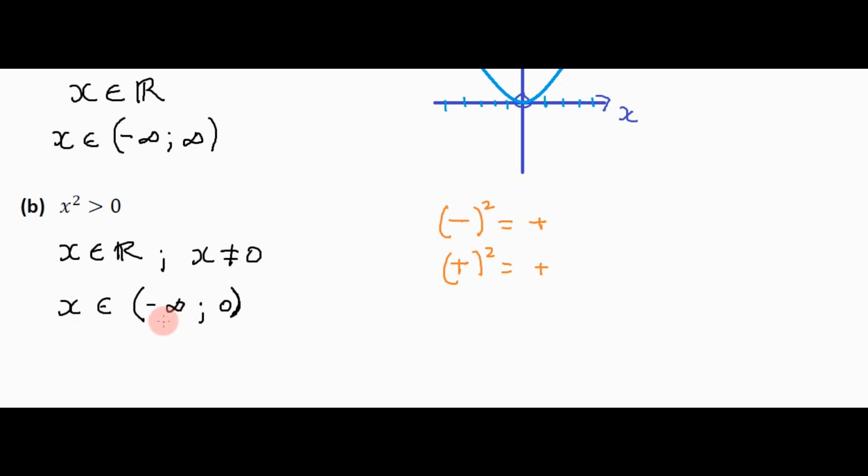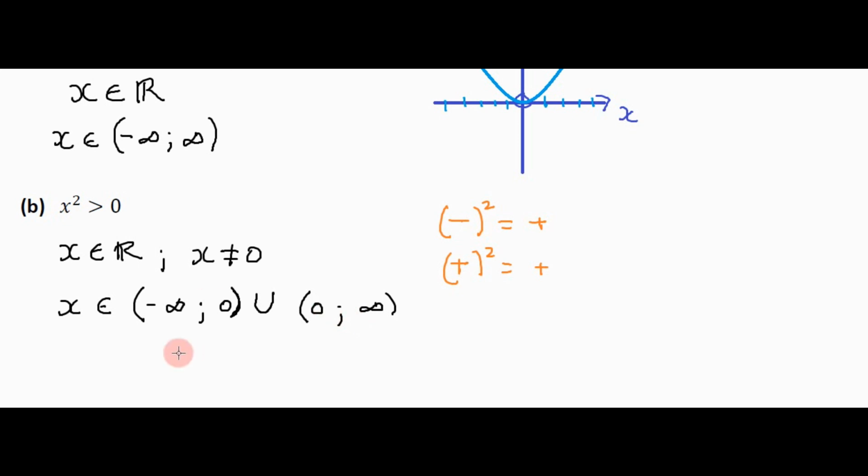X will be an element of this interval together with this interval from 0, but once again excluding 0, to positive infinity. Now we can combine these two intervals. In other words, x will be an element of these two intervals combined, and we can combine them by writing them as the union of the two. So x is an element of the union of these two intervals.